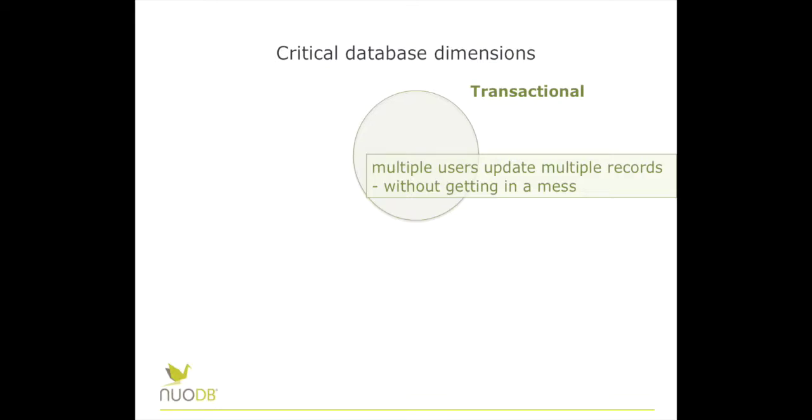The first aspect of it is transactional. Do you need in your application the ability to have multiple users update the same records, many users, many records, but with update conflicts, without it getting into a mess, without the database becoming inconsistent?